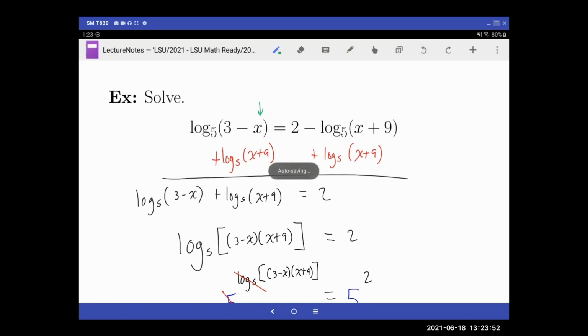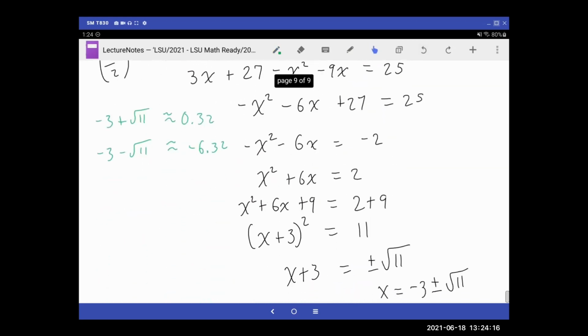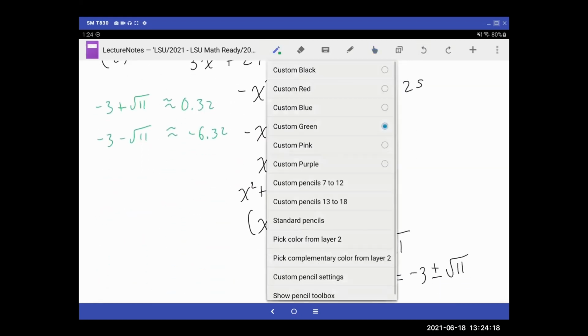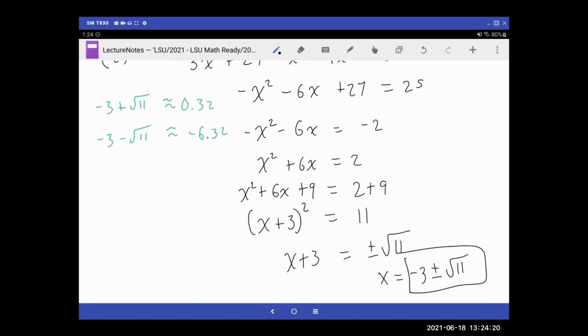If I plug in negative 6.32 here, 3 plus 6.32 would be 9.32. Okay, so that's positive. Negative 6.32 added here would give me a positive as well, right? Because negative 6.32 plus 9 is still bigger, so you'll still result with something positive. So, okay, both of them worked just fine. So there are my two solutions.